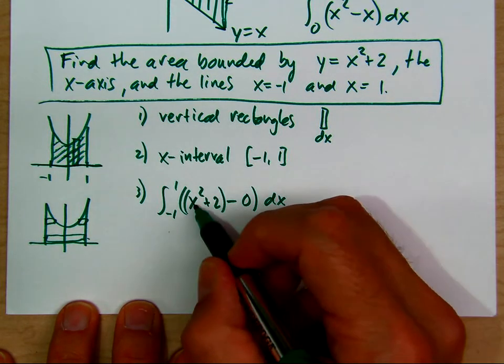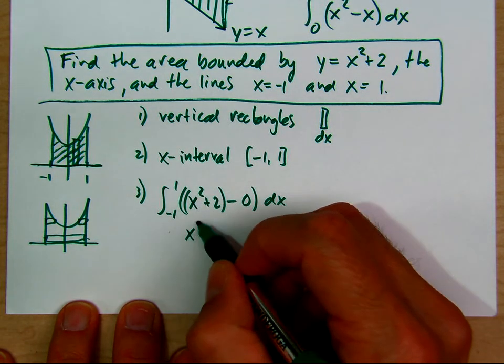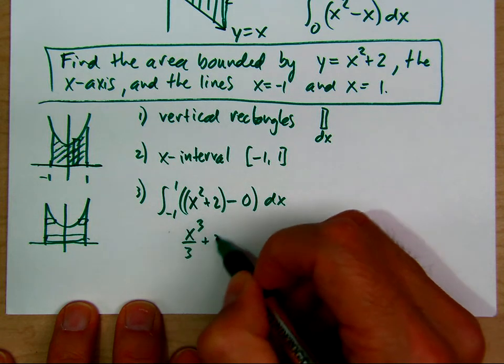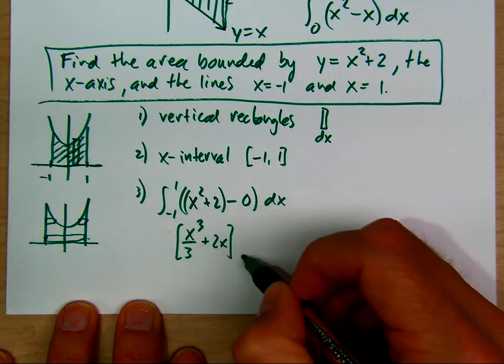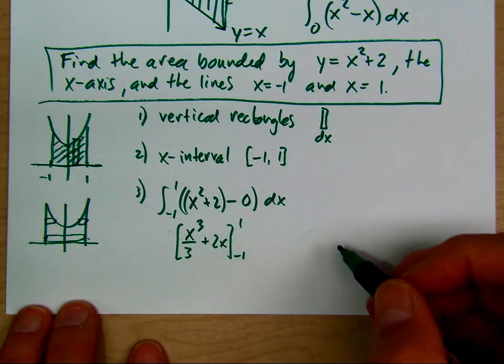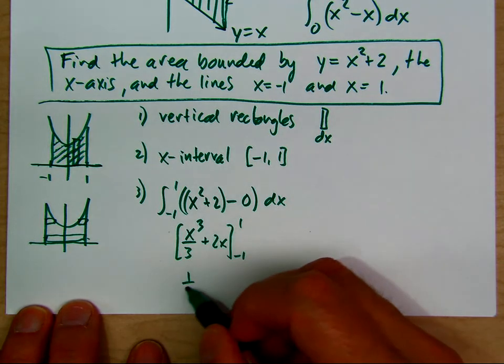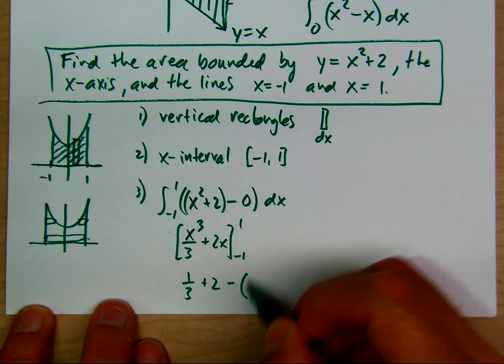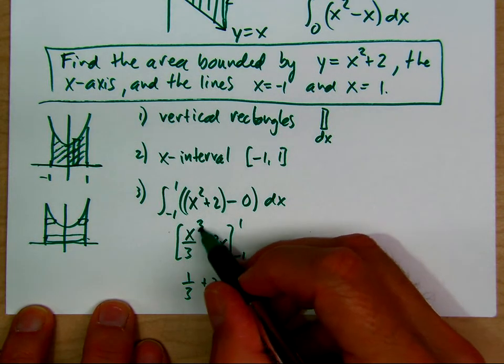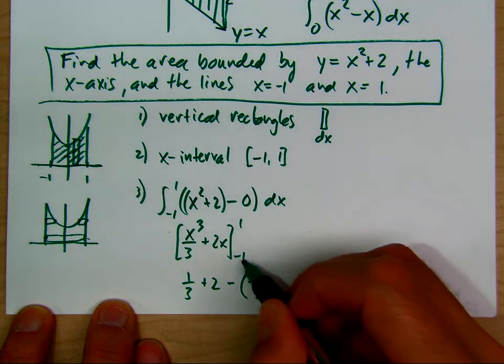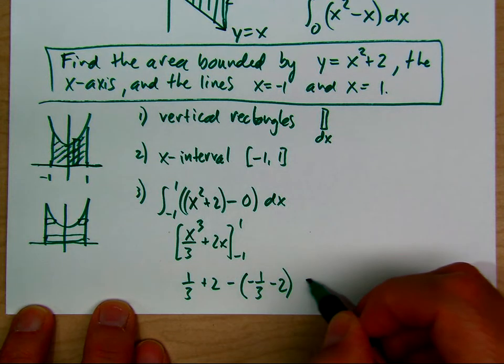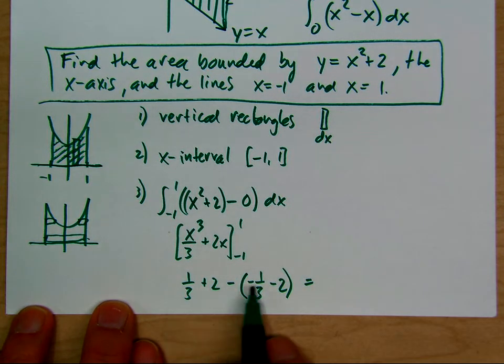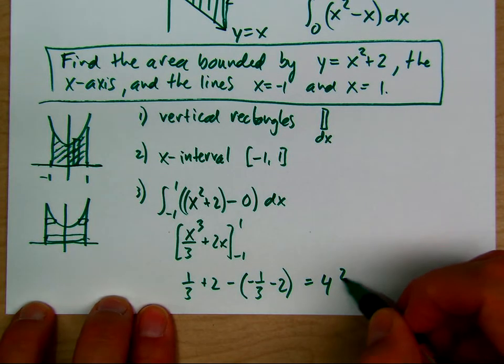Alright, so now we can do the antiderivative, x cubed over 3 plus 2x, from -1 to 1. And that'll be 1/3 plus 2 minus, put in negative 1 in there, it's negative 1/3, and minus 2. So that'll be 1/3 plus 1/3 is 2/3, 2 plus 2 is 4, 4 and 2/3.